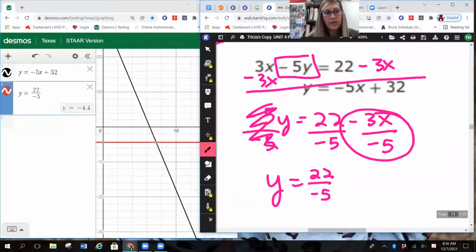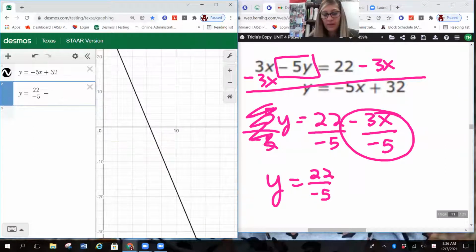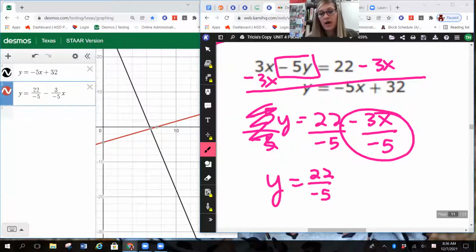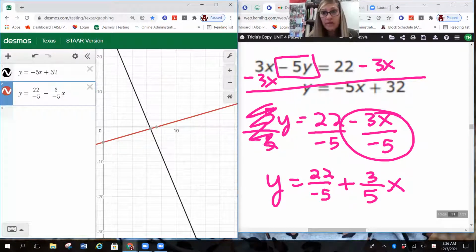Then type in minus 3 divided by negative 5x. So you can type a double negative. Or if you remember that a negative divided by a negative is a positive, you can type it as a positive. But notice the red line does go up, which means it's a positive slope.